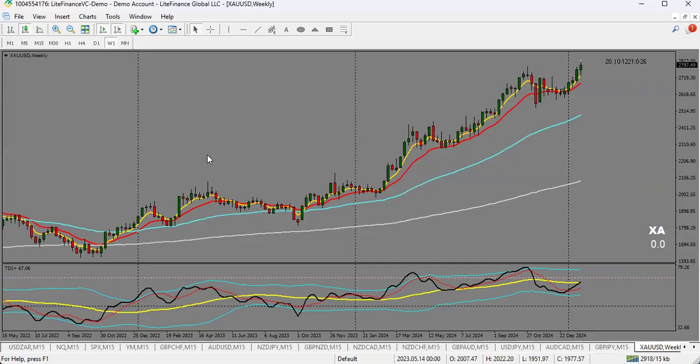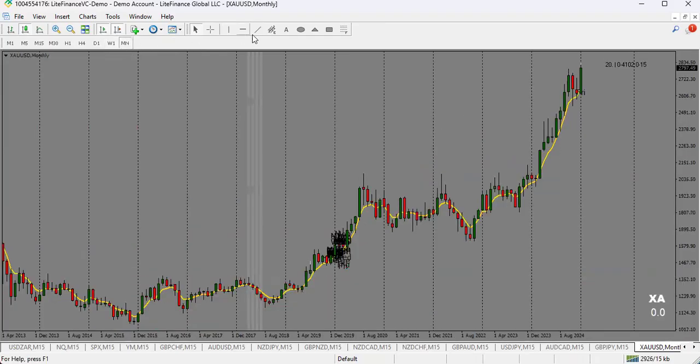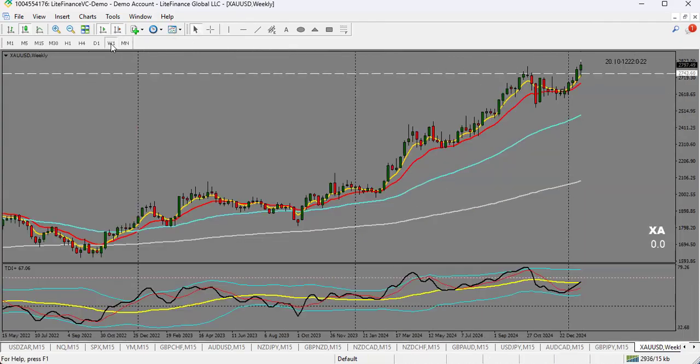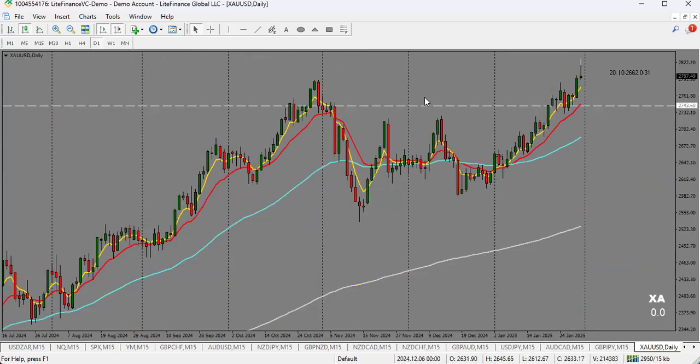So as a result, we have these new highs forming each and every day. If you look at it, we have an area of support just below there. So we have started with the monthly time frame. We go to the weekly, and on the weekly we still have a movement going up.